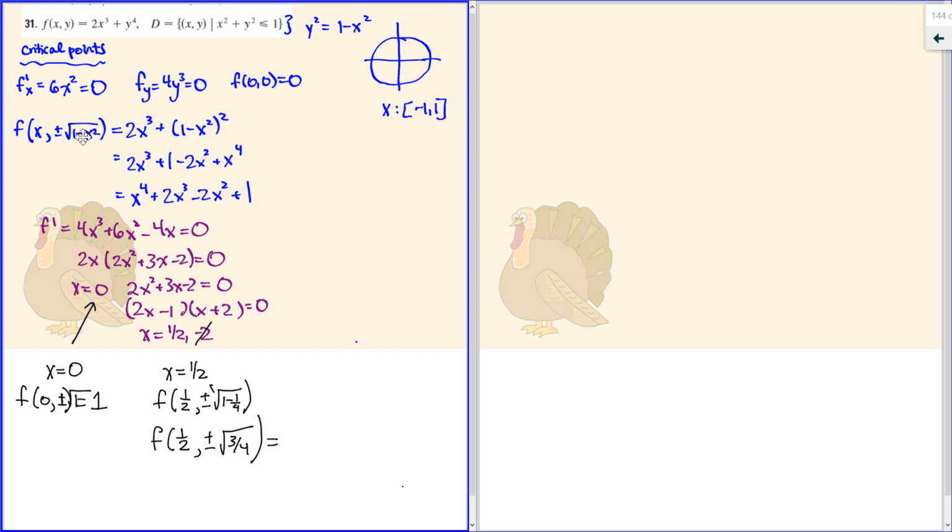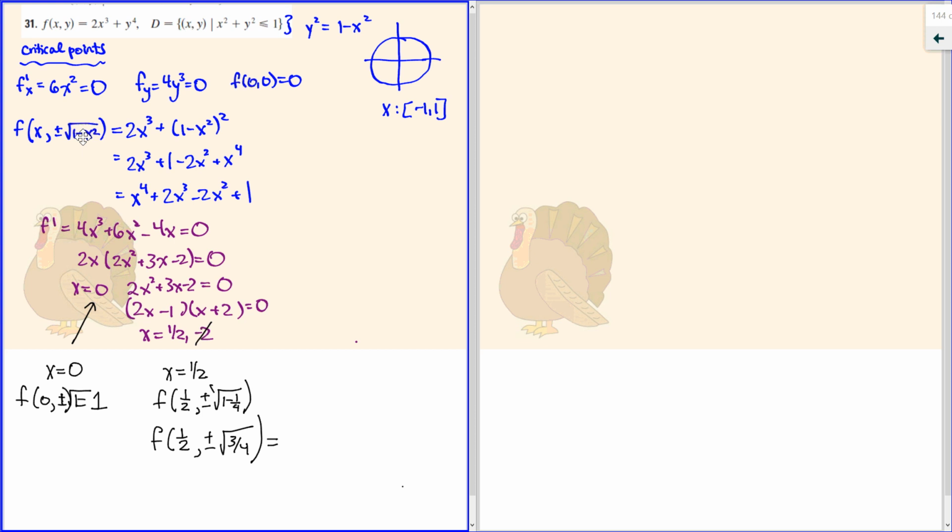And if I plug in 1/2, what I'm going to get is 1/2 to the 4th plus 2 times 1/2 cubed minus 2 times 1/2 squared plus 1.